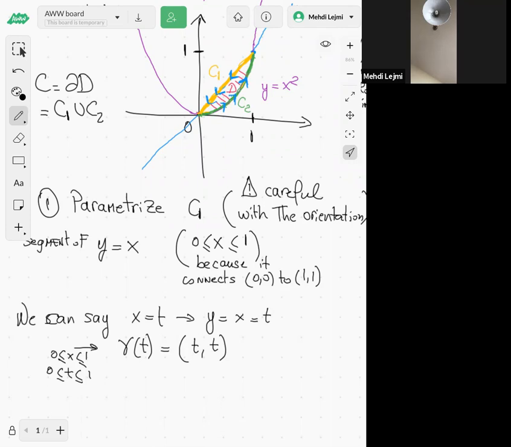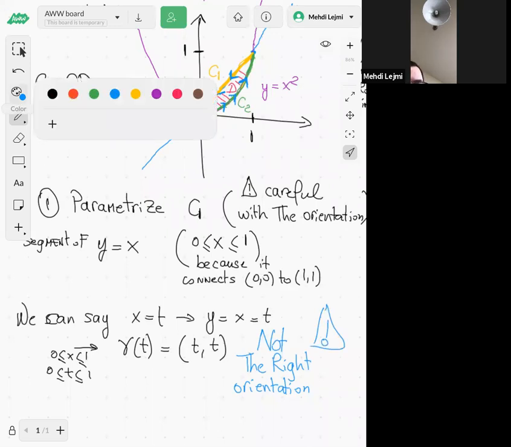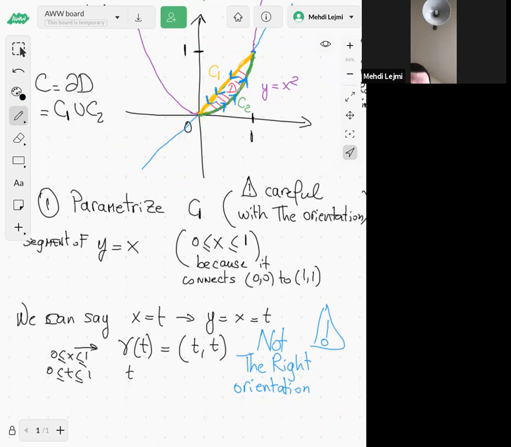But this is not the right orientation required by Green's theorem. Why? Because t is in 0, 1, so gamma of 0 is the origin, and gamma of 1 is 1, 1. We are moving from 0, 0 to 1, 1.